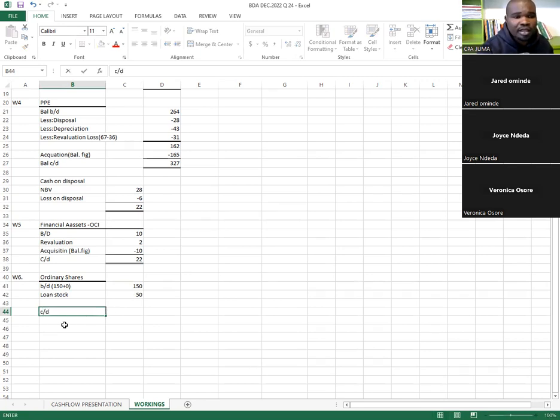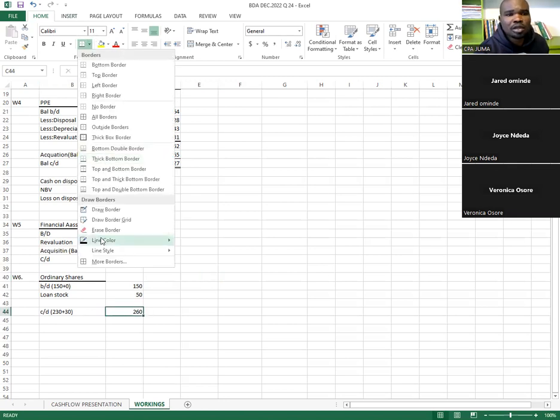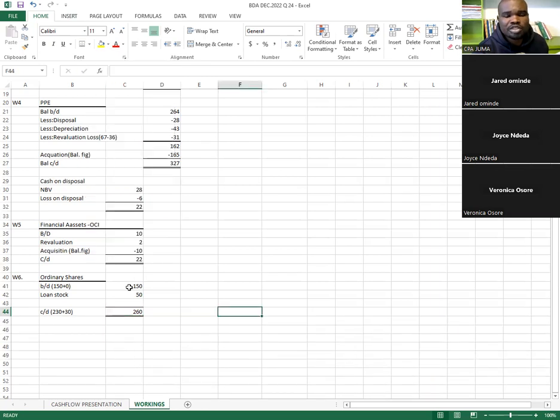According to the examiner, carried down should be 230 plus 30. 230 plus 30 is 260. So this is 260. It was supposed to be 150 plus 50, which is 200. It went to 260.